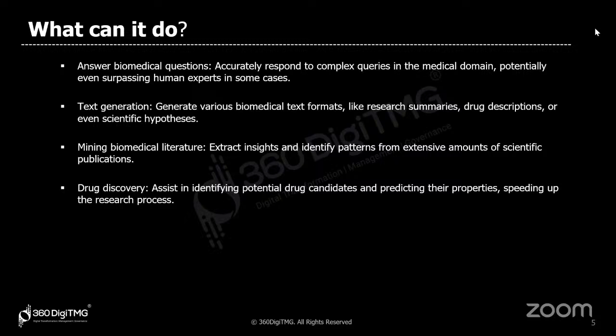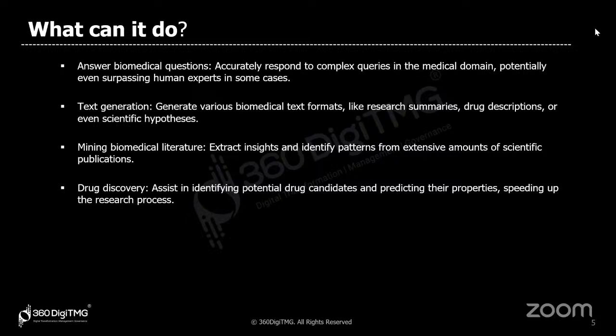Likewise, it can do mining of biomedical literature. It can extract insights and identify patterns from the extensive amounts of scientific publications, like biomedical publications. And it can be useful for drug discovery. It assists in identifying potential drug candidates and predicting their properties.